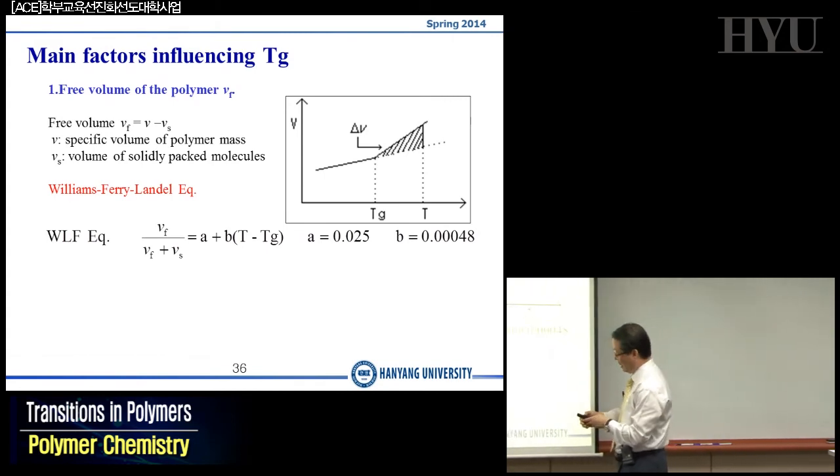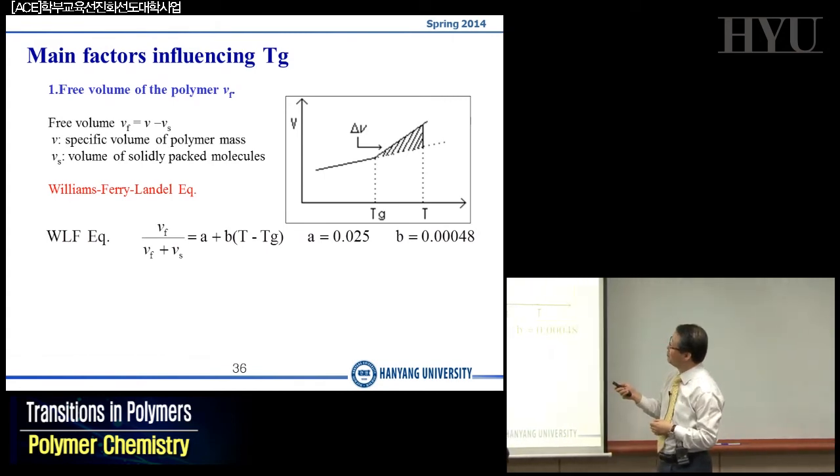Now you remember that your specific volume V increases as you increase the temperature, right? And there is a transition point between the glassy state and the rubbery state.